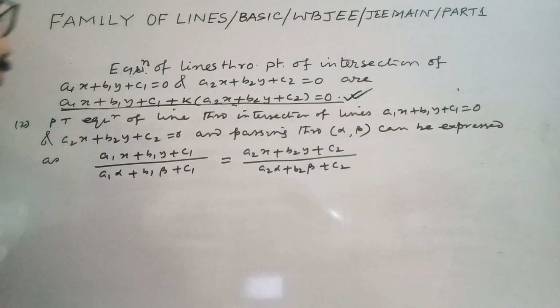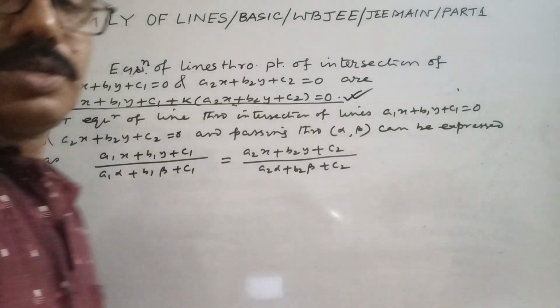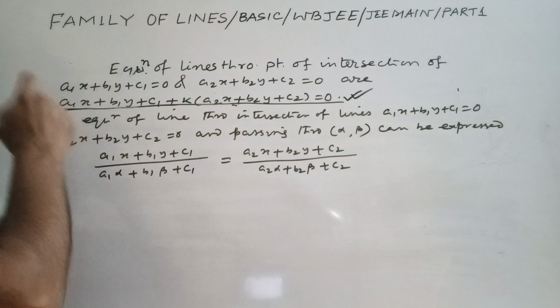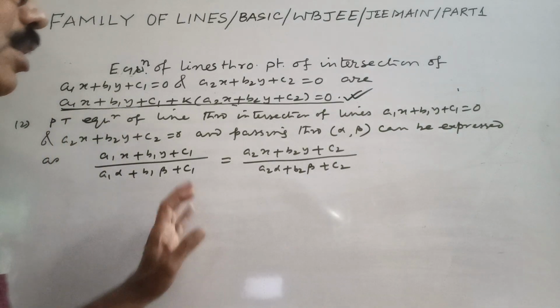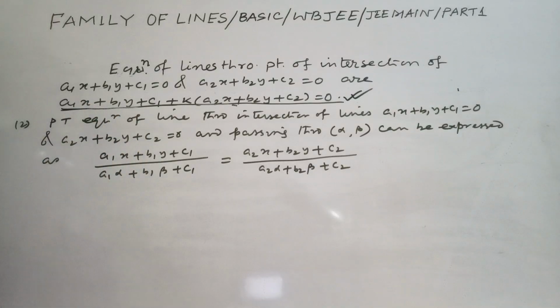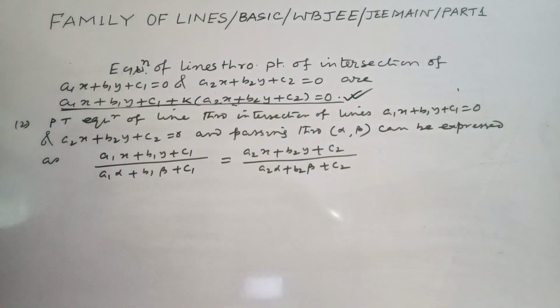So look, the point of intersection of these two lines is not in simplified form because it involves a2, b2 and c2. You have to solve it.